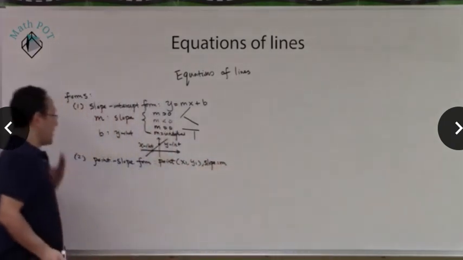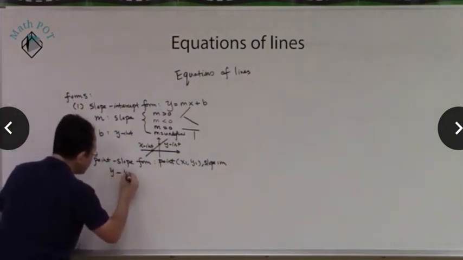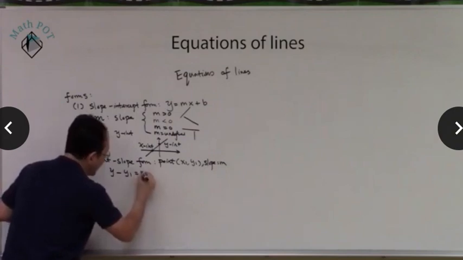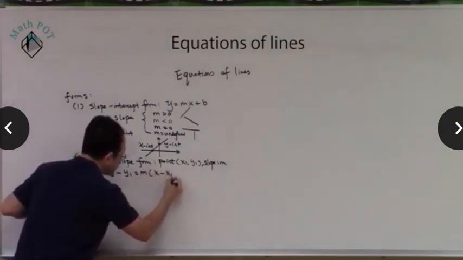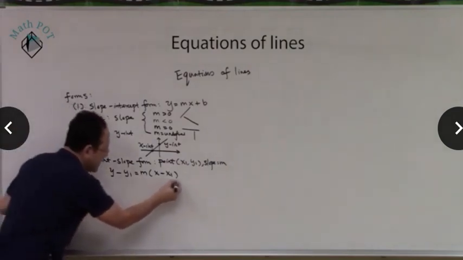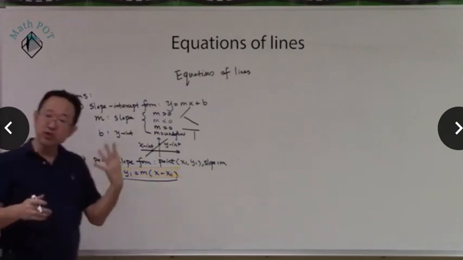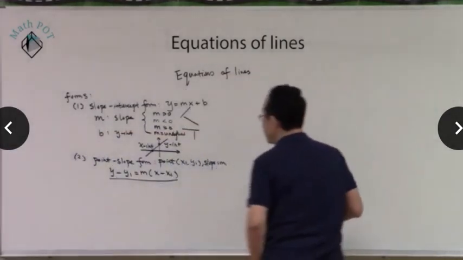In that situation, we can quickly build the equation of the line, which is y minus y1 equals m multiplied by x minus x1. You definitely need to remember this equation. It is so commonly used, and when you solve problems, most likely you need to use this formula.